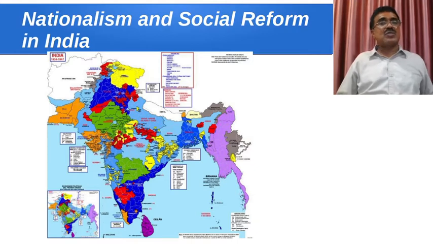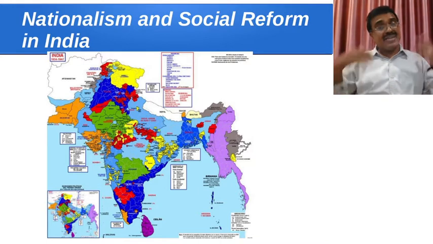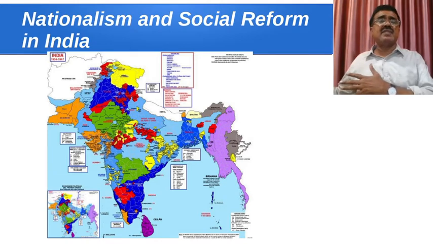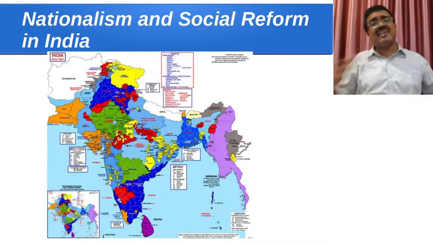Apart from that, there was no political unity: geographically different areas, climate-wise different areas, different languages, different dialects, different food habits, different clothing habits, and different stages of development, with the people in hierarchically different strata.